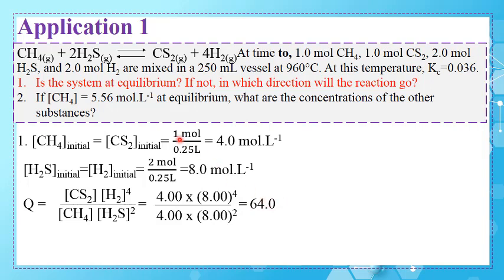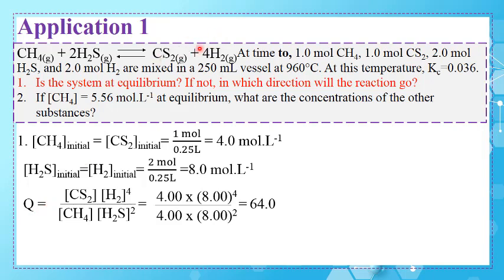By a simple comparison of Kc, which is given here, and Q, we can directly say that the system is not at equilibrium. But in which direction will the reaction go in order to reach equilibrium? As we explained previously, Q is greater than Kc, so the reaction will move in a way to decrease the value of Q. Which direction decreases the value of Q?